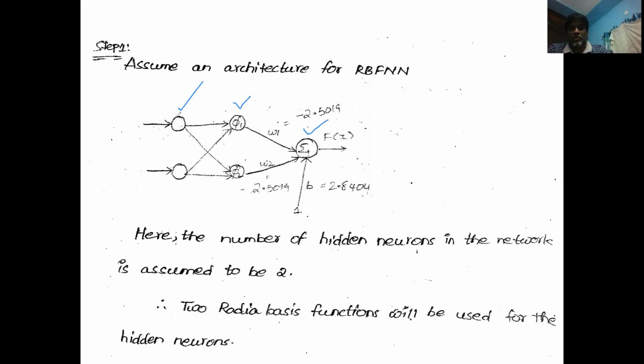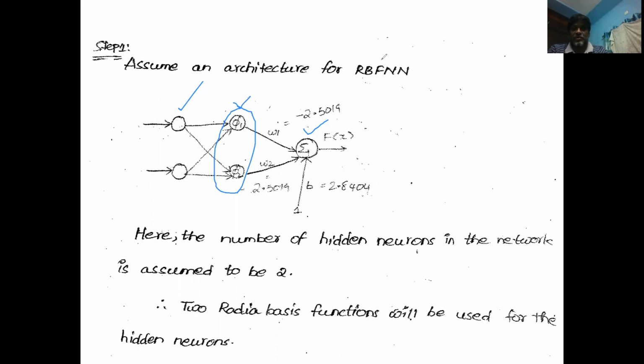You can have any number of neurons in the input layer; it depends on the size of the input pattern. Then you can have any number of hidden neurons in your hidden layer. This is your choice, but generally this depends on the number of classes that the RBF neural network is going to identify.